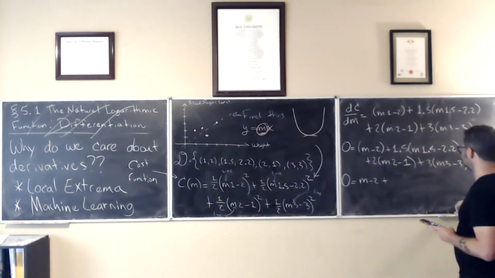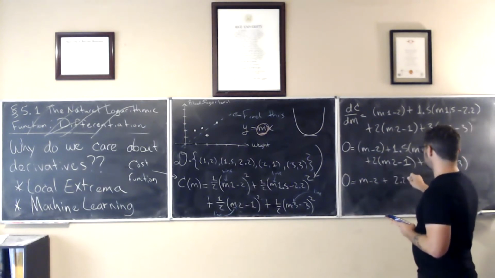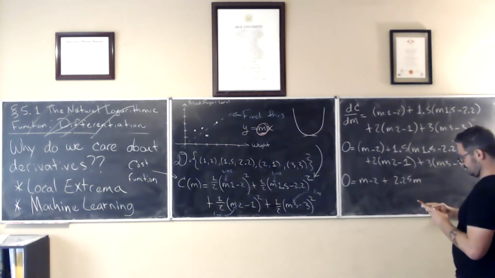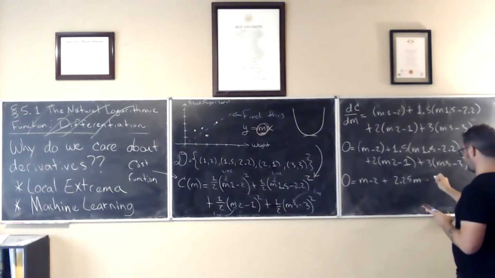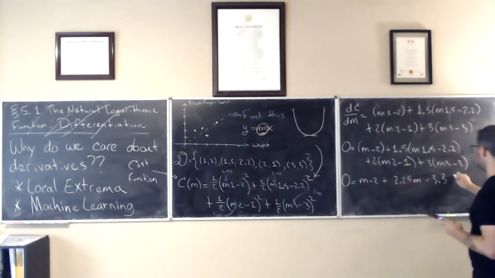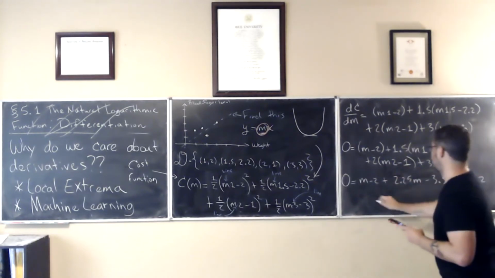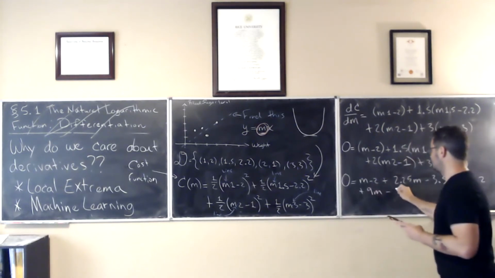So I guess I'll just write it out. 2.25 in there. And 1.5 times that is 3.3. Then here we have 4m minus 2, and then plus 9m minus 9.